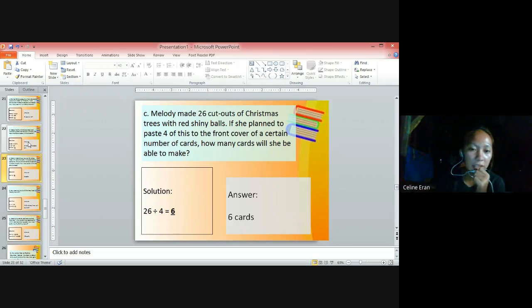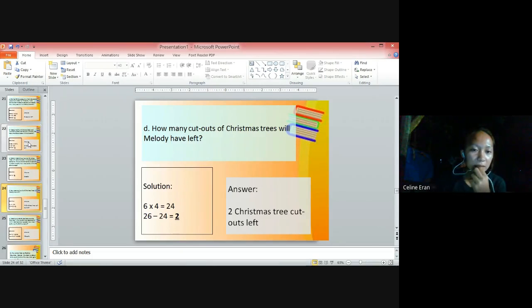So the answer is 6 cards. Letter D. How many cutouts of Christmas trees will Melody have left? Well, the solution is 6 times 4 is equal to 24, and 26 minus 24 is equal to 2. So the answer is 2 Christmas tree cutouts left.